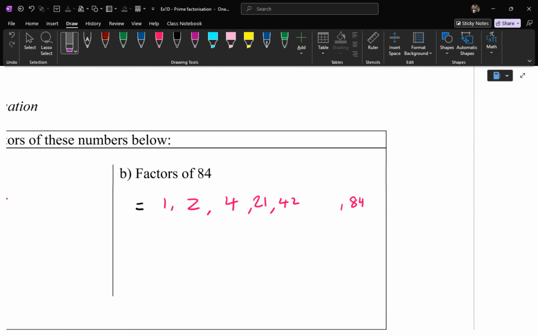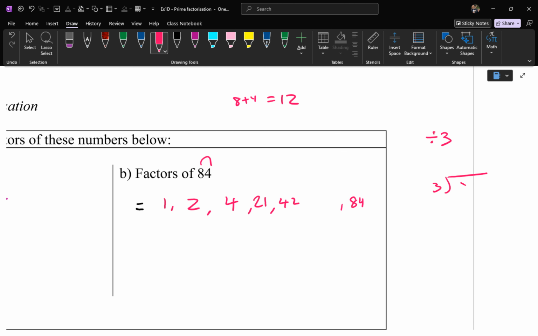Now, to work out the other factors, you can use the divisibility test that I gave you on your sheet. If you want to know if it's divisible by 3, what did I say on the sheet? Look at the sheet again. If you add the digits, 8 plus 4 gives you 12. Is 12 divisible by 3? Yes, so that means 3 should fit into 84.